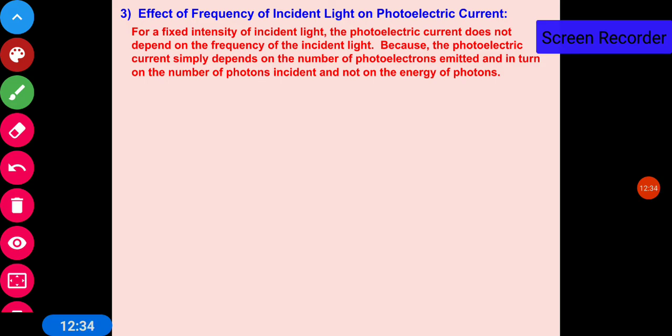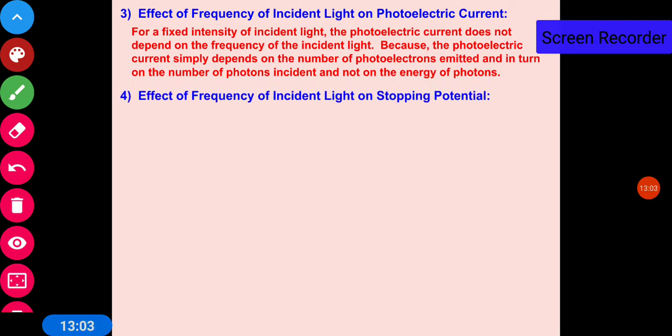The number of photons increasing means the number of ejected photoelectrons increases and the photocurrent increases. But if we increase the frequency, we are not increasing the number of photons. We are increasing only its energy, h nu. So as the number of photons is not increased by increasing the frequency, the photocurrent does not increase.